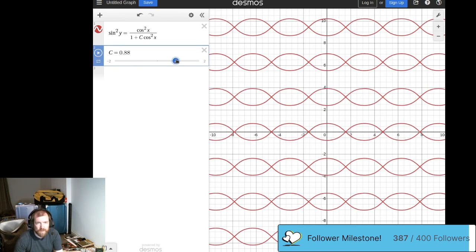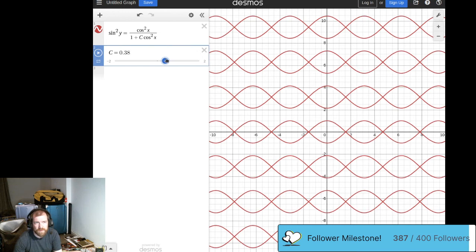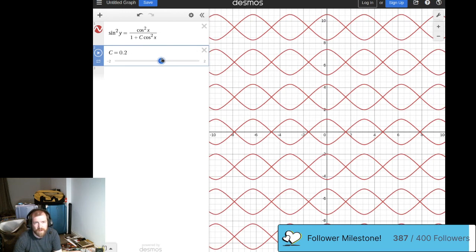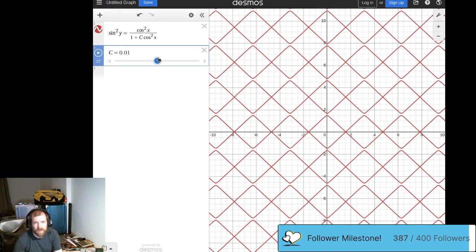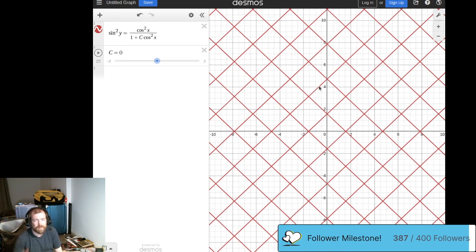And then as we start getting closer and closer down toward 0, we get stuff that's almost like chain link, almost squares, but they're still curves. And then as soon as you move to 0, these are now actual squares.